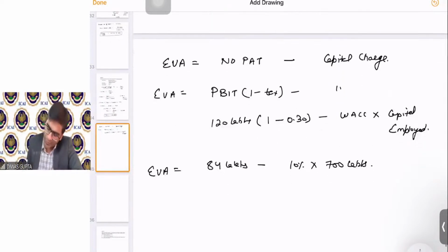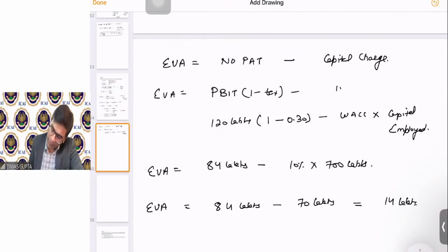So this becomes 84 lakhs minus 70 lakhs. This is what EVA is. In a way, this is 14 lakhs. So EVA becomes 14 lakhs.